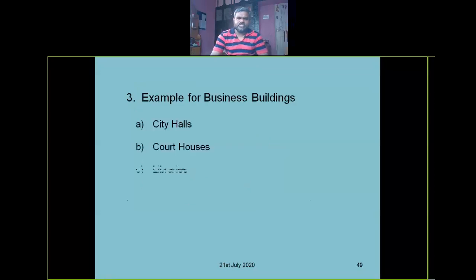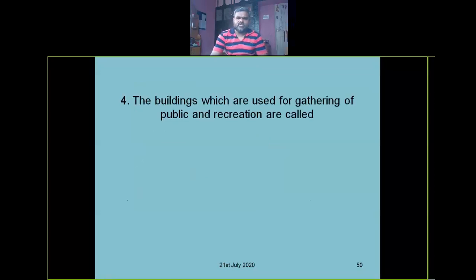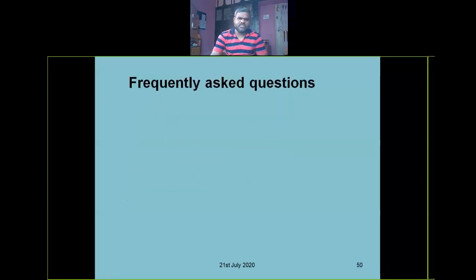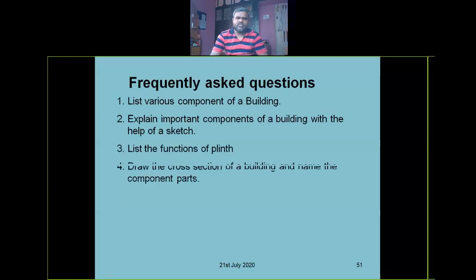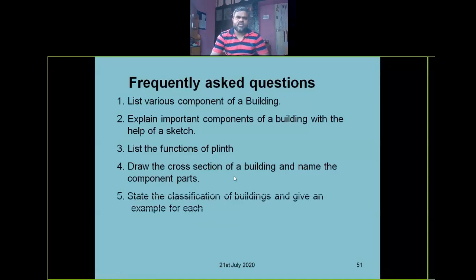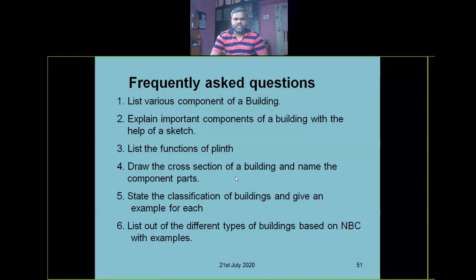Examples of business buildings. The buildings used for gathering purposes are the assembly buildings. These are some frequently asked questions: various components of a building, important components of a building, list the functions of a plinth, draw the cross section of a building and name the component parts, state the classification of buildings and give an example for each.